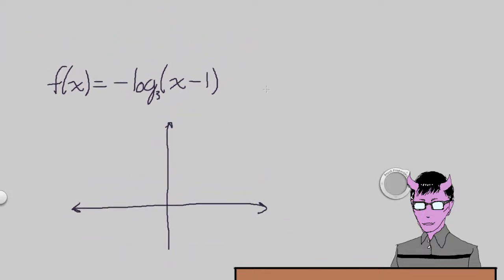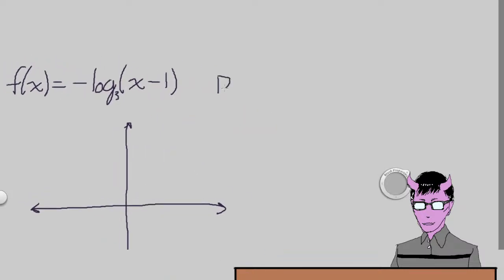So same strategies as before. We just make note that there's now a negative outside of the main log function, so we know that the y values get flipped. There's a positive on the input, so no reflections across the vertical. So we only have one type of reflection, and it's going to be that one, across the horizontal.